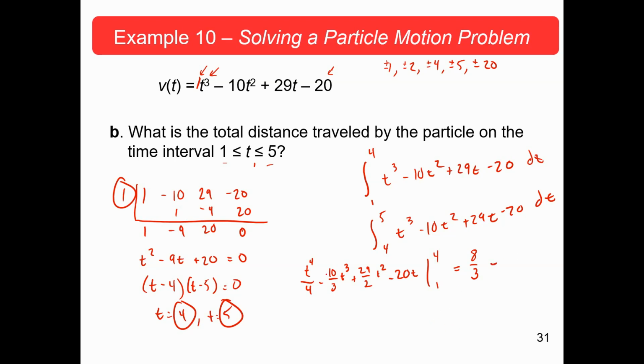I have to subtract the evaluated at 1, which is 1/4 minus 10/3 plus 29/2 minus 20, which is negative 103 over 12. So 8/3 plus 103 over 12 gives us 45 over 4.